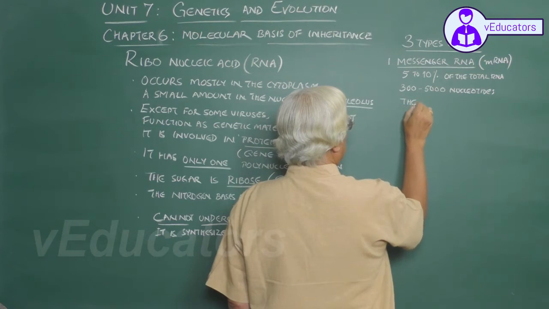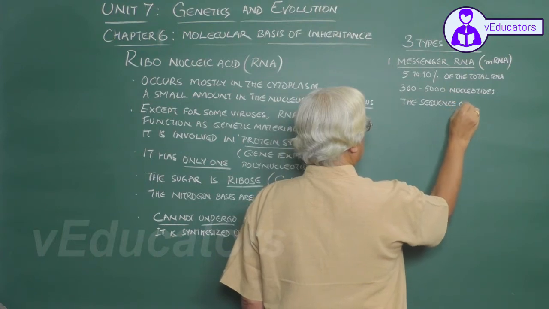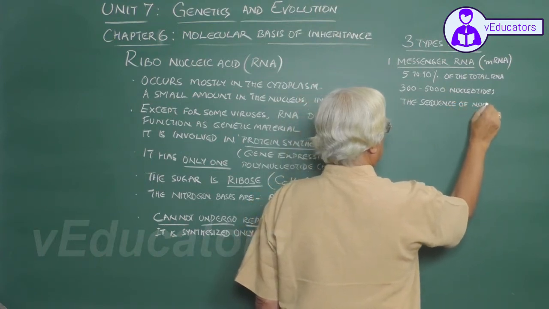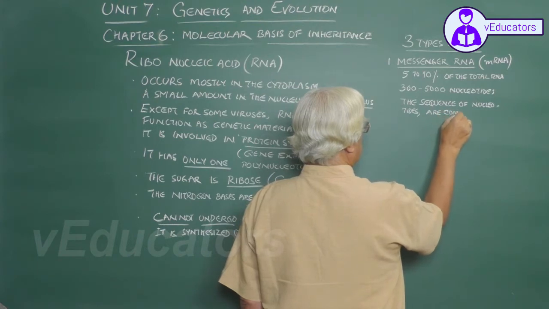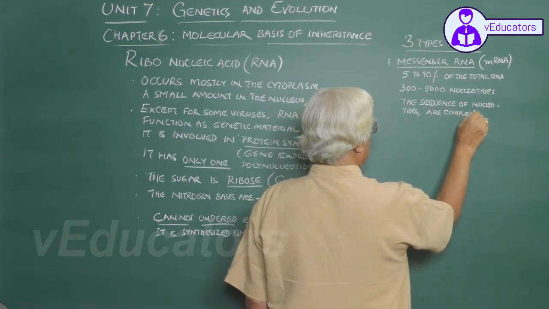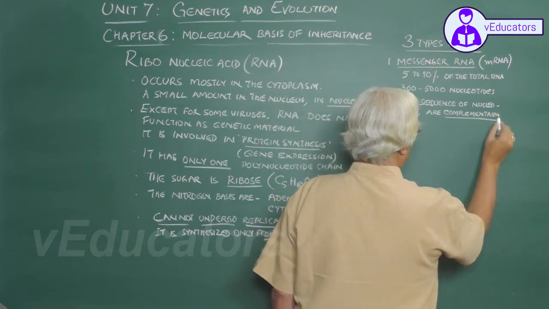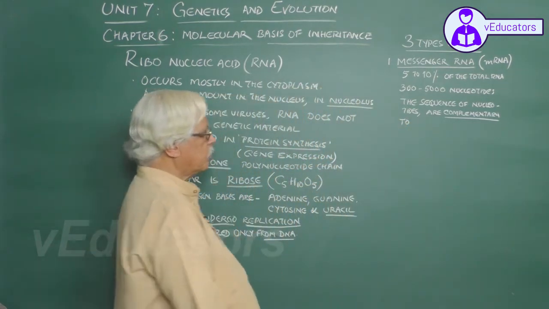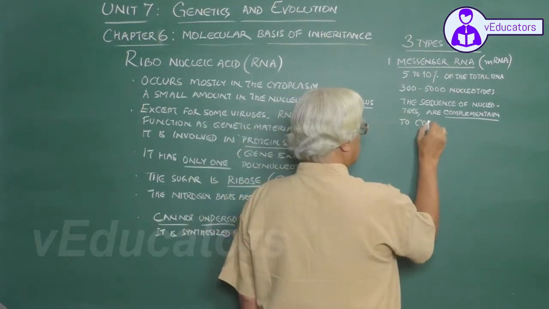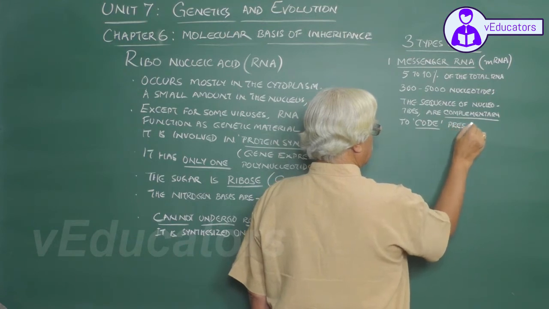The sequence of these nucleotides in the RNA will be complementary to the code present in DNA.